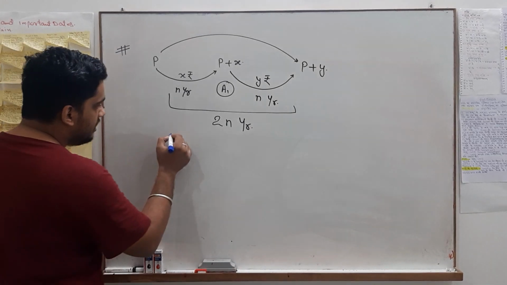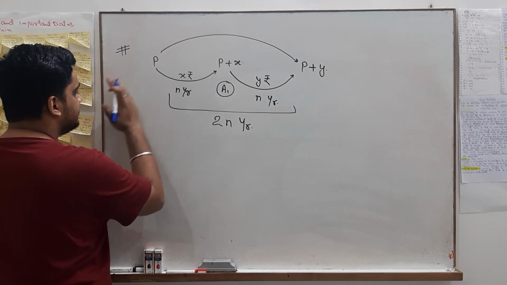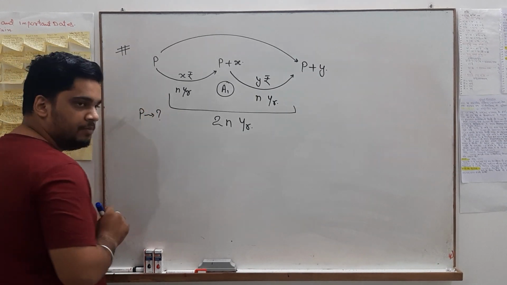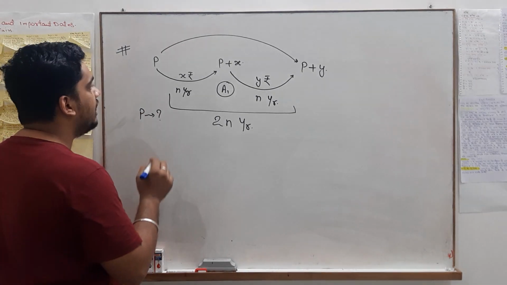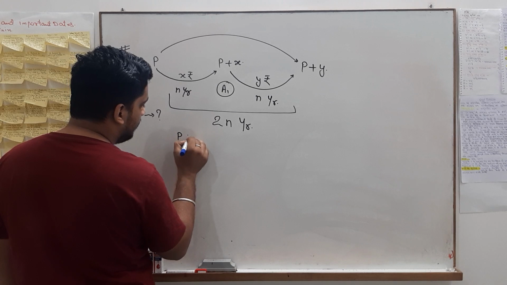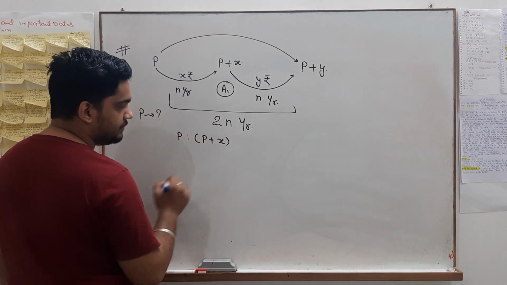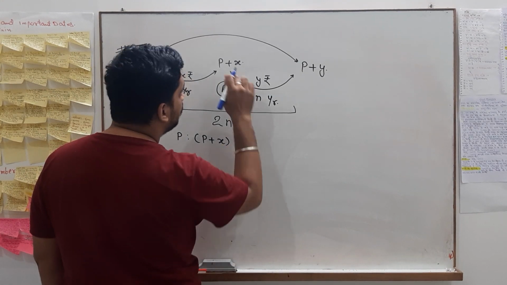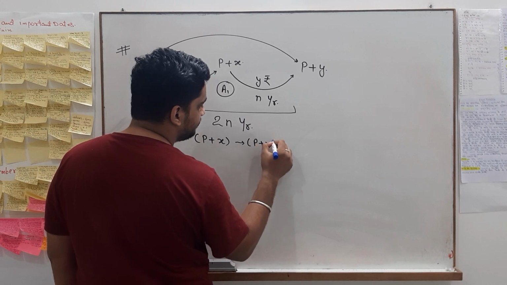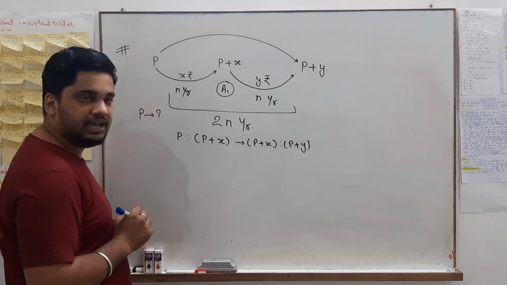So now guys, if someone asks what is the principal amount? What we have to learn is that in successive percentage rate, the ratio between P and P plus X is always equal to the ratio between P plus X and P plus Y. Are you getting my point?